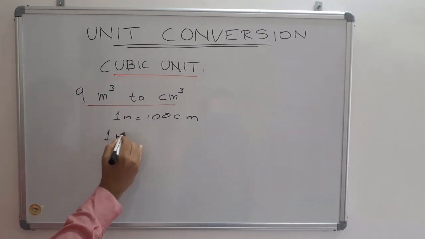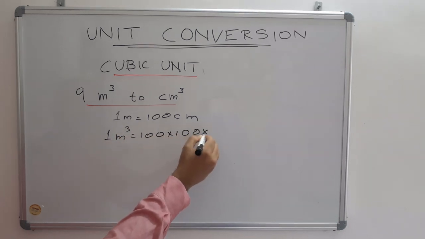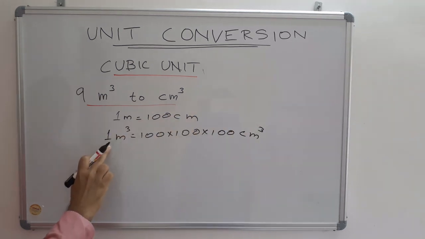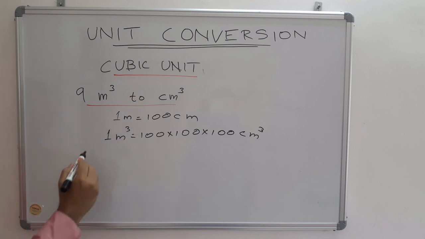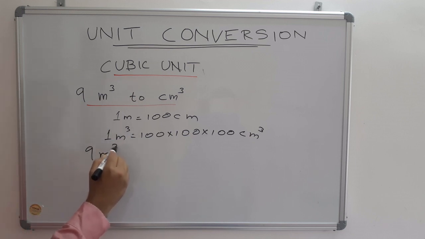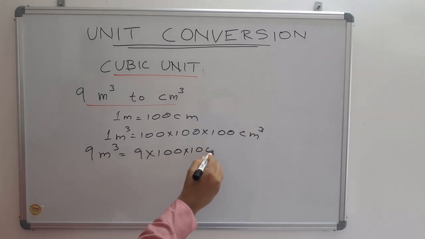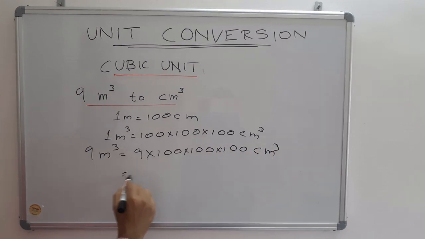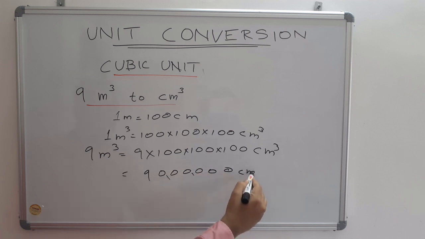That is 1 meter cube equal to 100 into 100 into 100 centimeter cube. Once we get this conversion factor, we just have to multiply by 9 on both sides to get the 9 meter cube. That is 90 lakh centimeter cube.